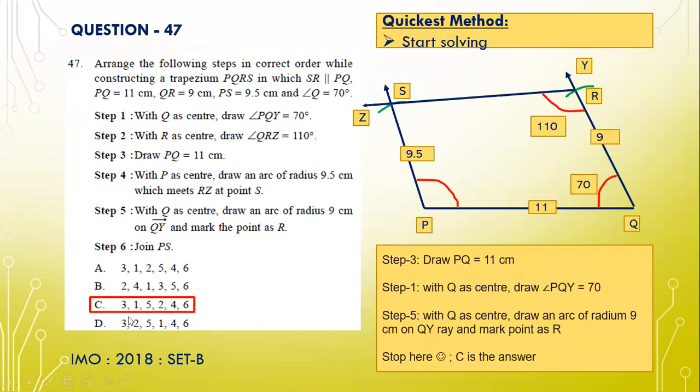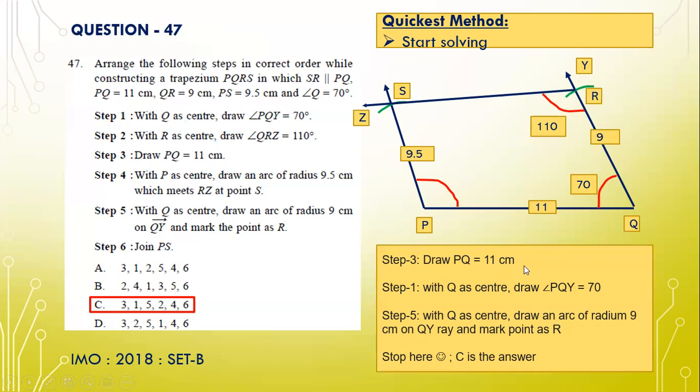So step 3 is the first one. Draw PQ at 11. Then step 1, with Q as center, draw PQY at 70 degrees. And then step 5, with Q as center, draw an arc of radius 9, and where it intersects, you mark it as point R, isn't it?